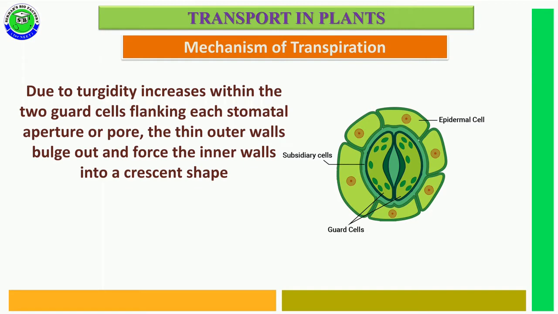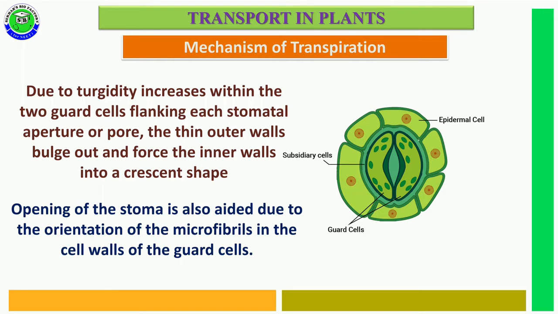Due to increase in turgidity within the two guard cells, the two guard cells flanking each stomatal apparatus pore, and the thin outer wall bulges out and forces the inner wall into a crescent shape. When the guard cell gets a crescent or half moon shape, it immediately promotes opening of stomata.